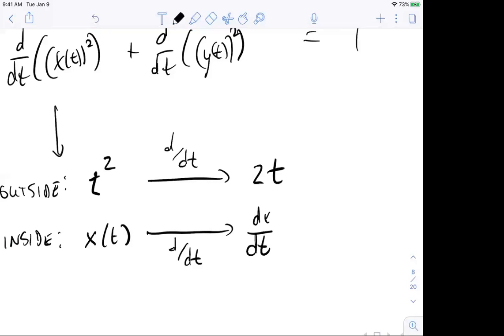This is just dx/dt. And you guys see that with the derivative of y squared, the only thing that's changing is x is becoming y. There's no difference.